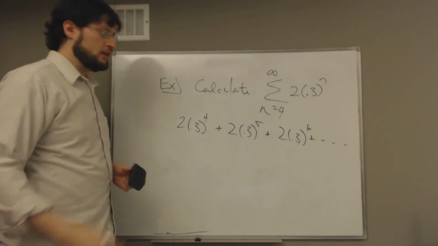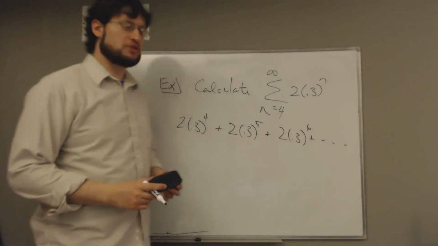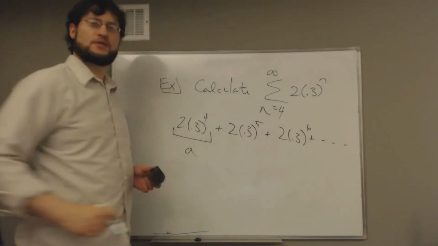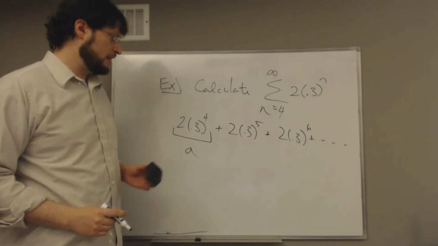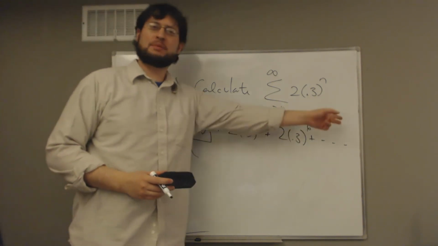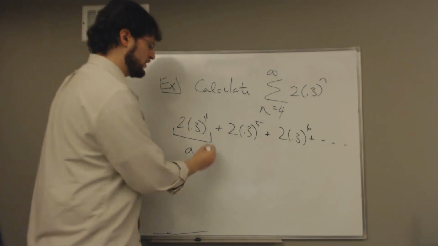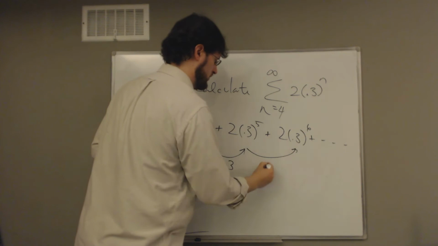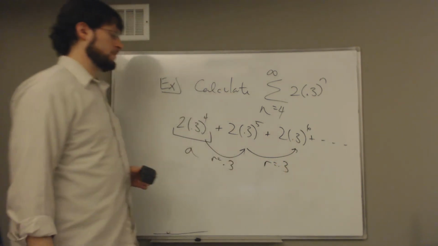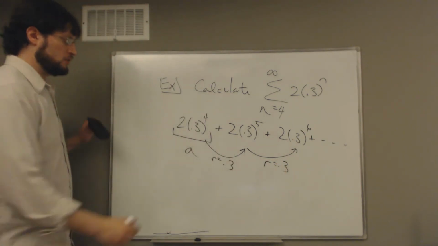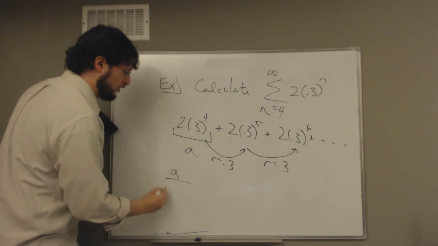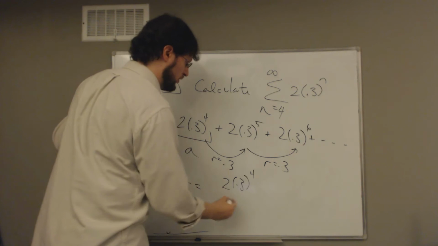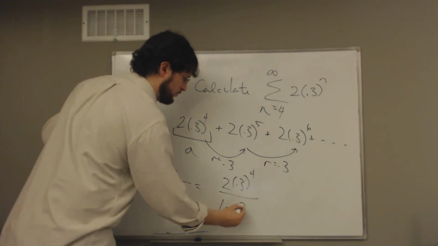So in fact, this is a geometric series, where this entire piece is the first term, which is a, and each further step I get by multiplying by 0.3. So r is 0.3. Which means that the sum, a over 1 minus r, is 2 times 0.3 to the 4th divided by 1 minus 0.3.